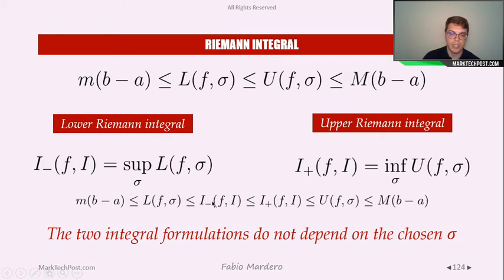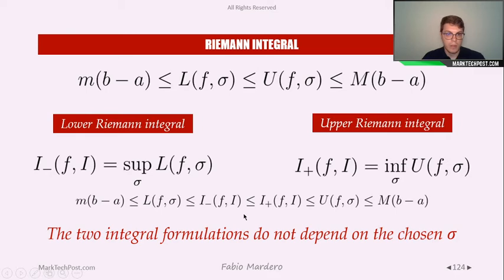And this is the relationship. Of course, since we take the supremum of this term, we have that L is less or equal than the lower integral. And again, since we take the infimum of U, we get that the upper integral is less or equal than U itself.